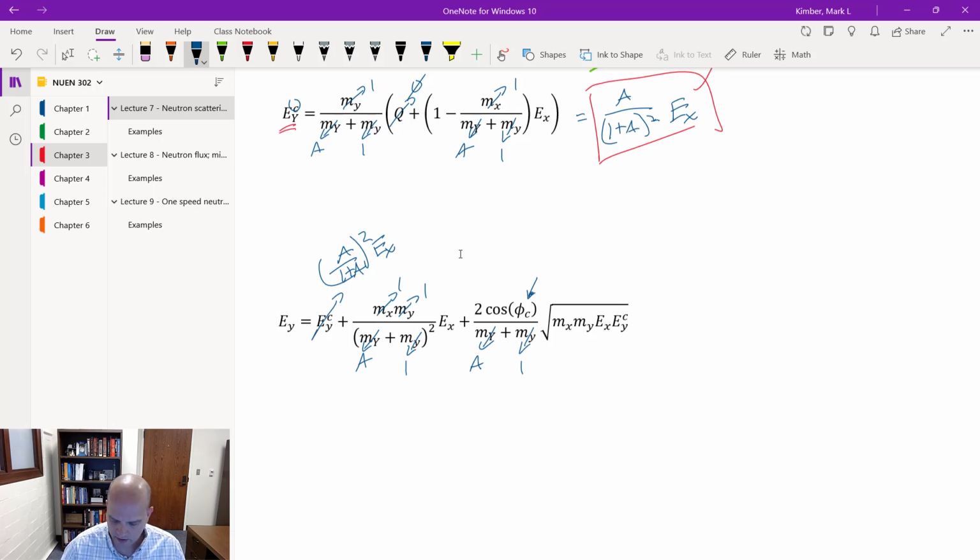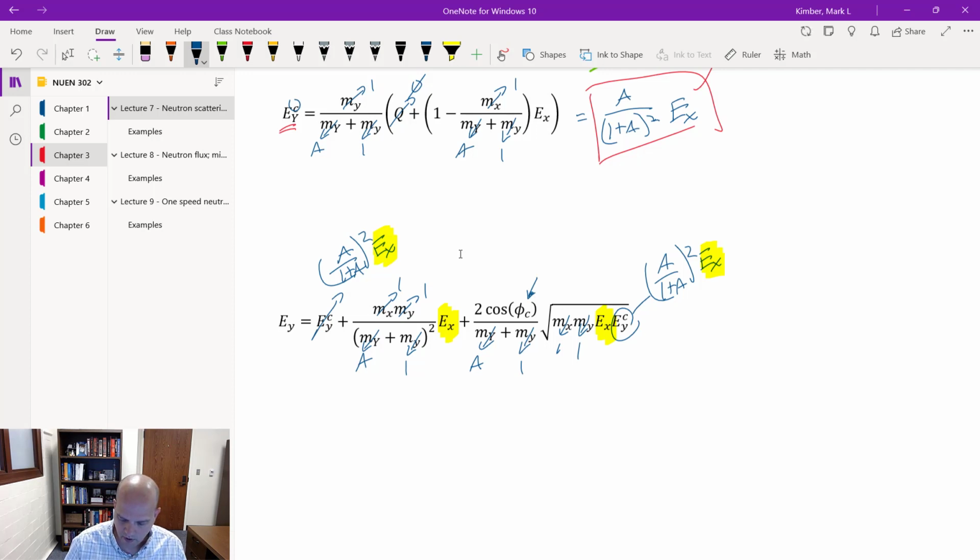But this one is heavy, so it's A. This is light, so it's 1. This is 1, that's 1. And then this is what we found before, squared, EX. And so I've got an EX in every term, and over here I've got an EX, so I square that, then I take the square root, so I've got an EX in all those terms.